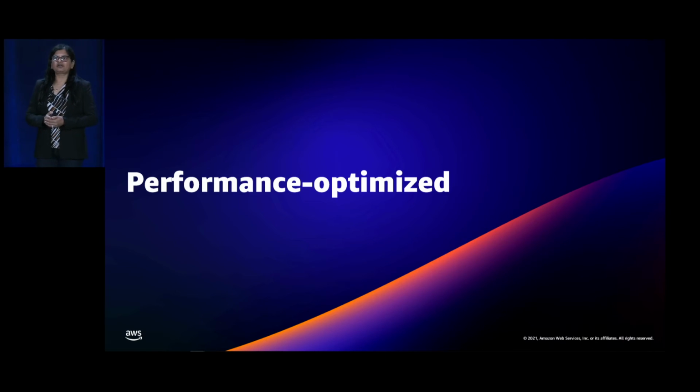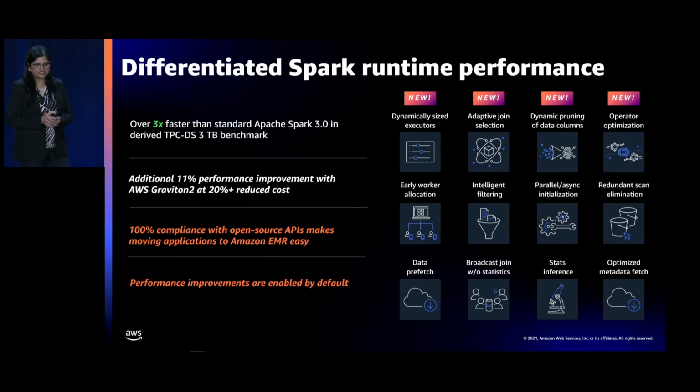So a data engineer also wants a performance optimized runtime. And what that means is Spark jobs are notorious for their memory issues. And a lot of times you have data engineers spending a lot of time trying to understand how they can improve the performance of Spark on their Hadoop environment.